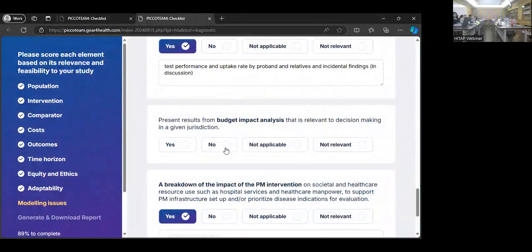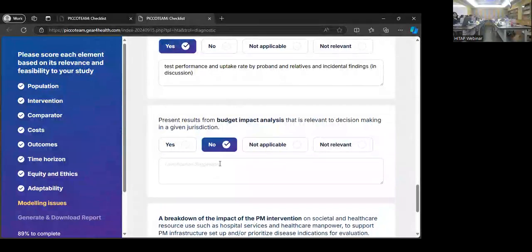And it will be great if we can also present results from budget impact analysis to further support decision making, although we did not do that in our pilot study yet, which will be a limitation.